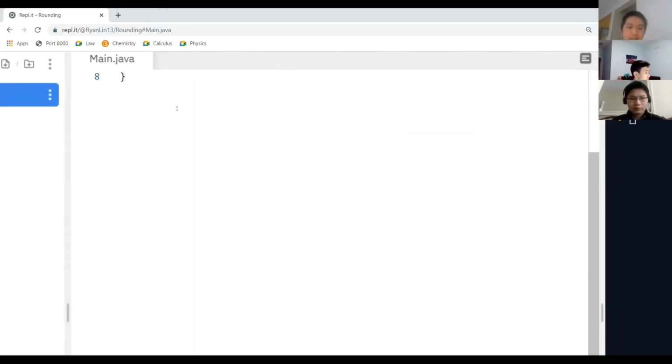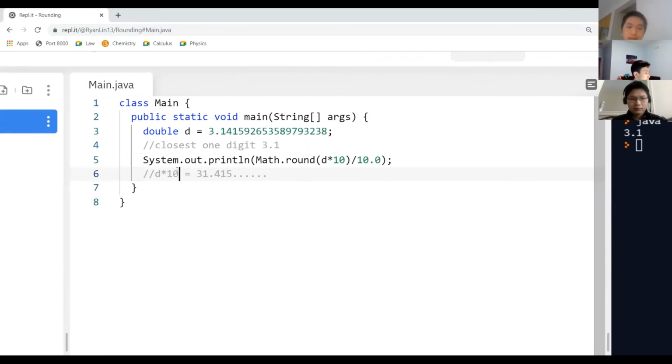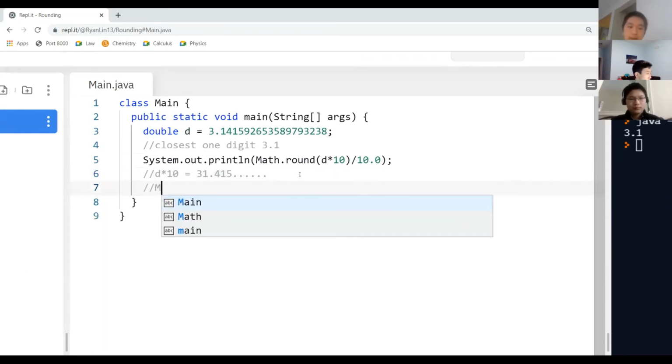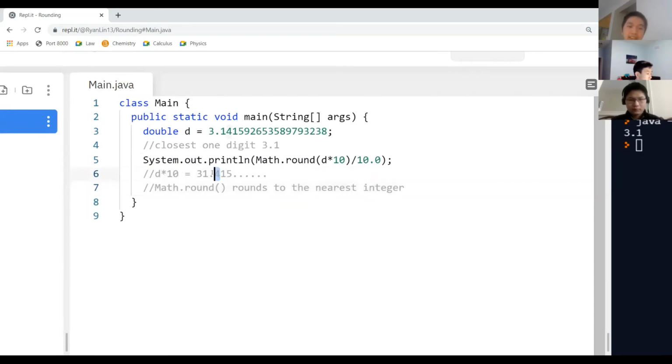Let's zoom in. D times 10 becomes 31.415 blah blah blah. And then what do we do with the 4? Well, we want to round it off, right? So what does math.round do? Math.round rounds to the nearest integer. So it looks at the 4 and it's like, well, the 4 makes it closer to 31 than 32, right?